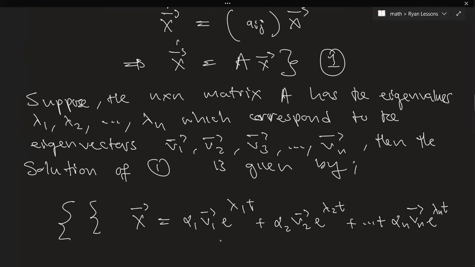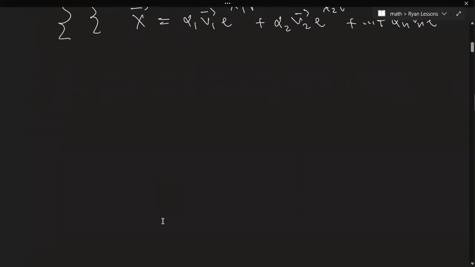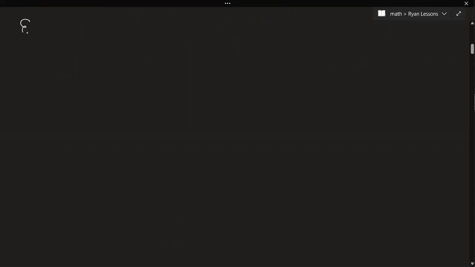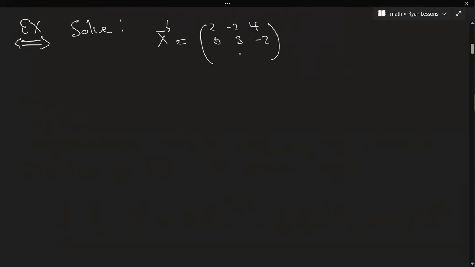So to demonstrate it, we're going to look at one example, which I believe will be enough. An example that you can get in an exam is where you are asked to solve a system. So we are given this problem, and then we are asked to solve this system.